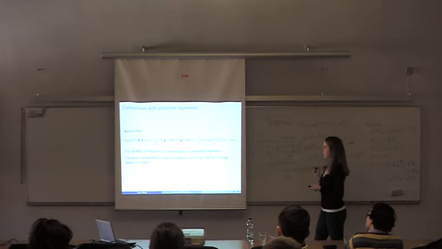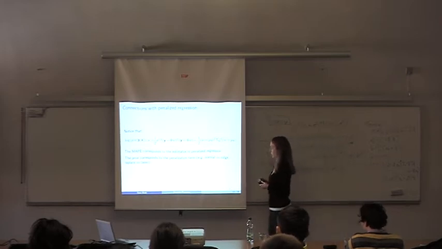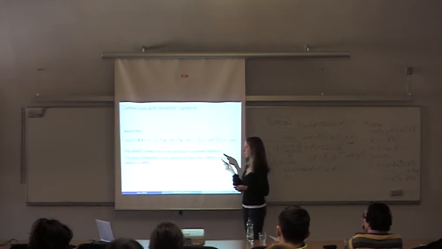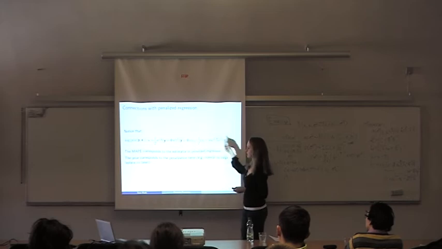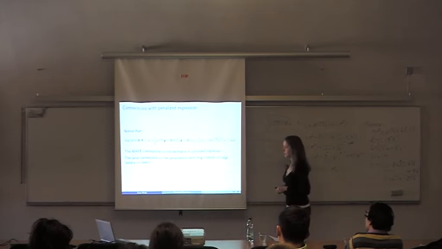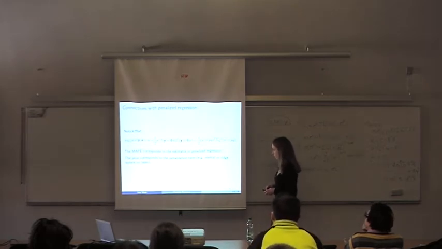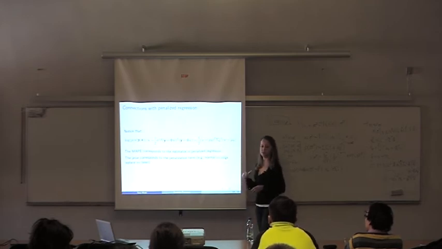So, connections with penalized regression. I don't know if people in the room are familiar with penalized regression. But the MAP estimate, we said, is the estimator under the 0,1 loss function. So we just find the value of W which maximizes the posterior density, or the log of the posterior density. And you can see that this looks very familiar to the estimator that you get in penalized regression.